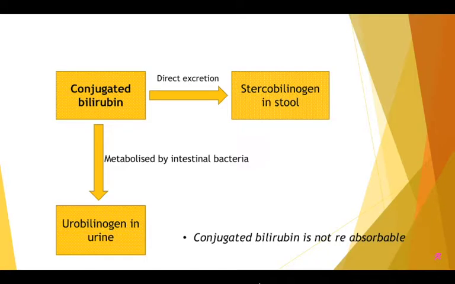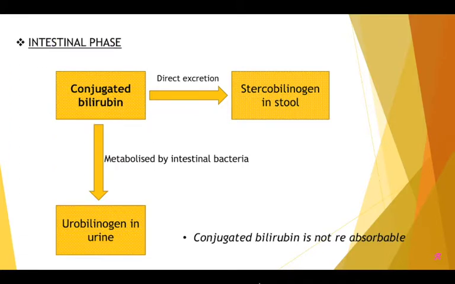I have also mentioned there that conjugated bilirubin is not reabsorbable, so for reabsorption we convert it into urobilinogen, which is easily reabsorbable. So we are done with the intestinal phase. It is a short brief.